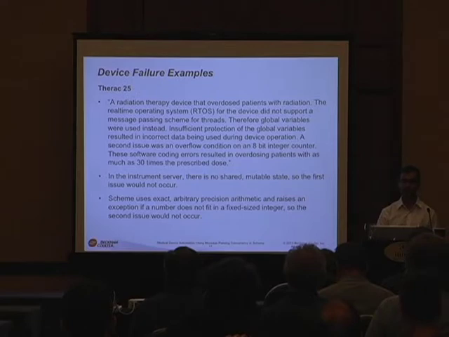And as you can imagine, that's really bad. Of the couple of errors they had, one was because they were using shared mutable data, and that's why we use message passing concurrency. The other issue was an overflow of an 8-bit integer. And this is where the arbitrary precision mathematics comes in handy because we use Scheme.